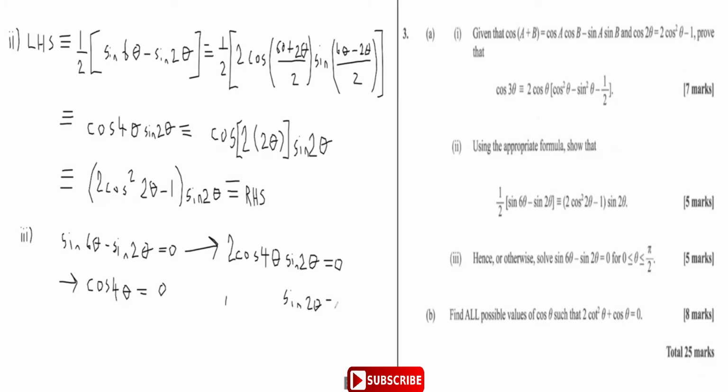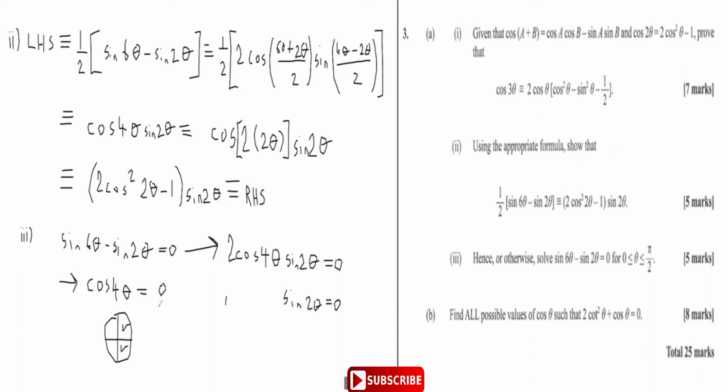Now we need to pay attention to the argument or the region of the solution. They want theta to be between 0 and pi by 2. So first thing is we draw our circle and look at where cos is positive. Cos is positive in the first and the fourth quadrant.